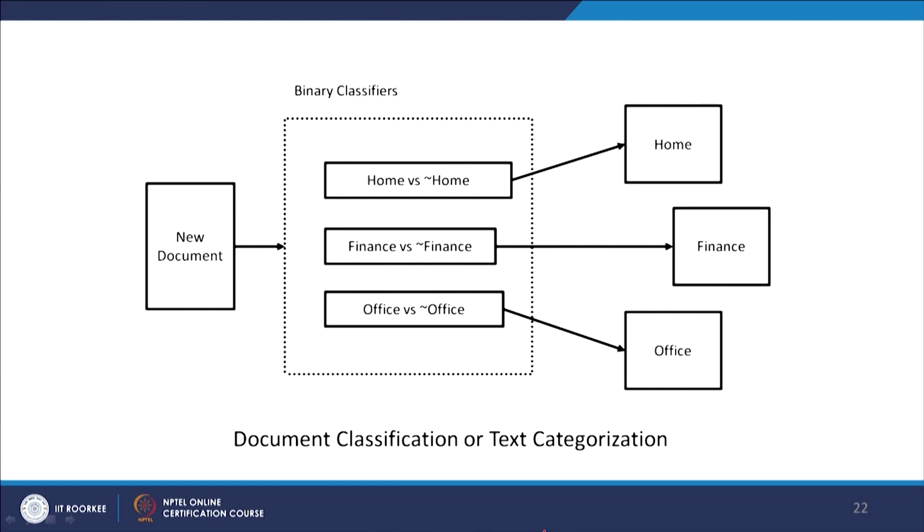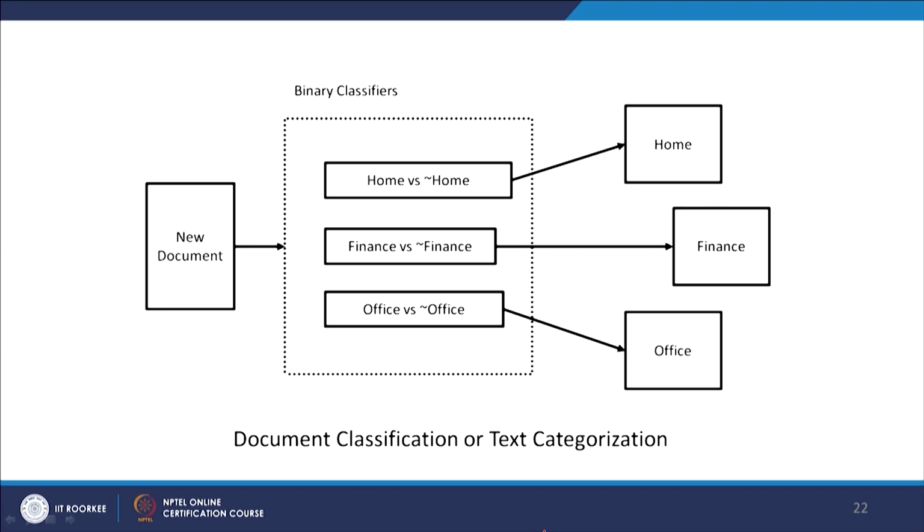Now let us look at the example. We talked about binary classifiers. In this example we are trying to display exactly how this is done. This is an example for a document classification or text categorization problem.